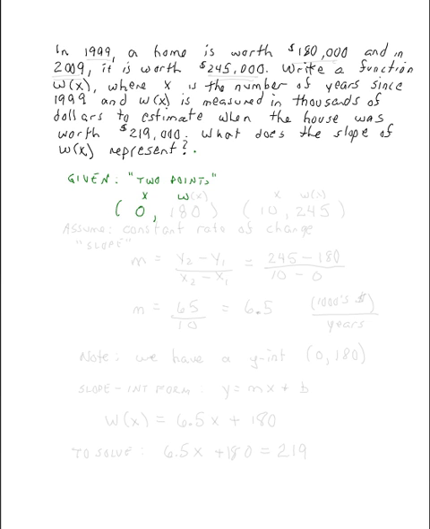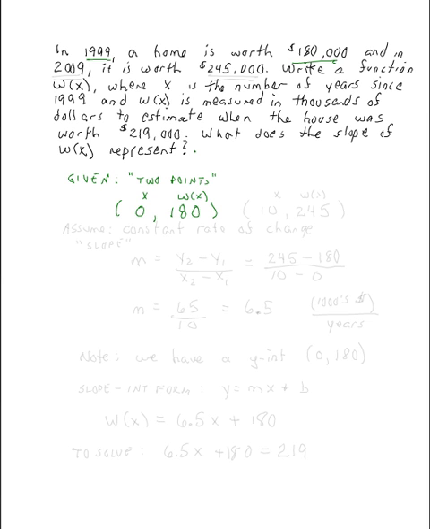For our y value, w of x, we want the value of the house in thousands of dollars. The house was worth $180,000 in 1999, so our value for w of x here is just 180. Keep in mind it's already measured in thousands of dollars. We have one data point.